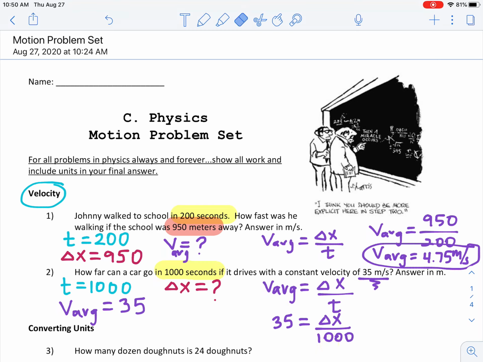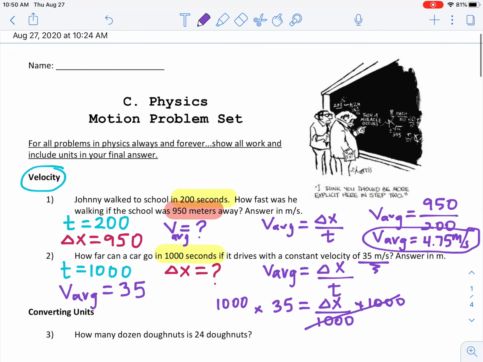Now, if we want to get triangle X alone, we need to multiply both sides by that 1,000 to get that out of the bottom. Once we do that, the 1,000s cross out, leaving triangle X alone.